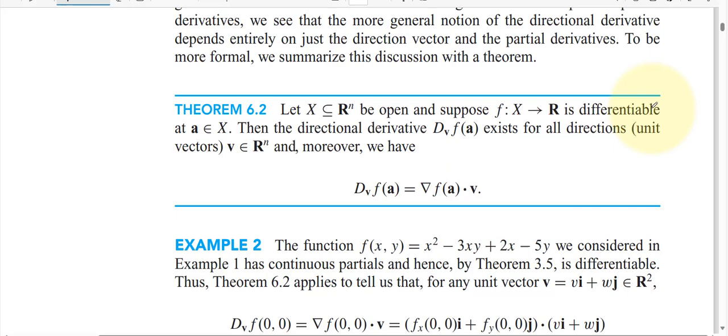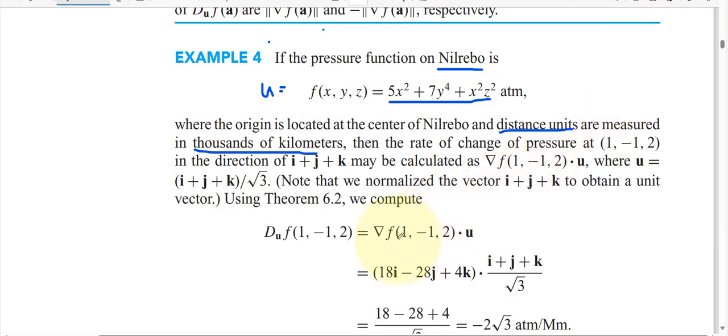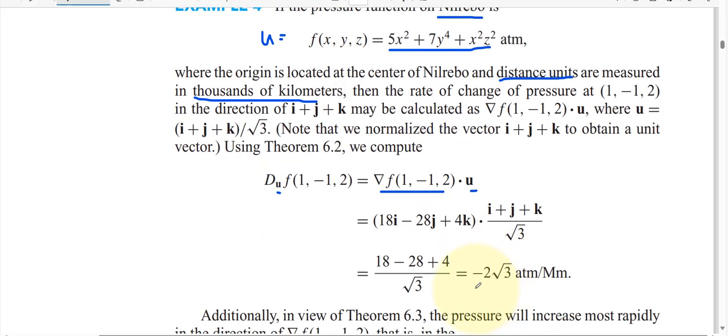So that's all we're doing. Here it's the gradient dot u because we want to know the directional derivative in the direction of u. So we can just figure this out and dot it with u, and they do that and they get that. So that is in this direction.